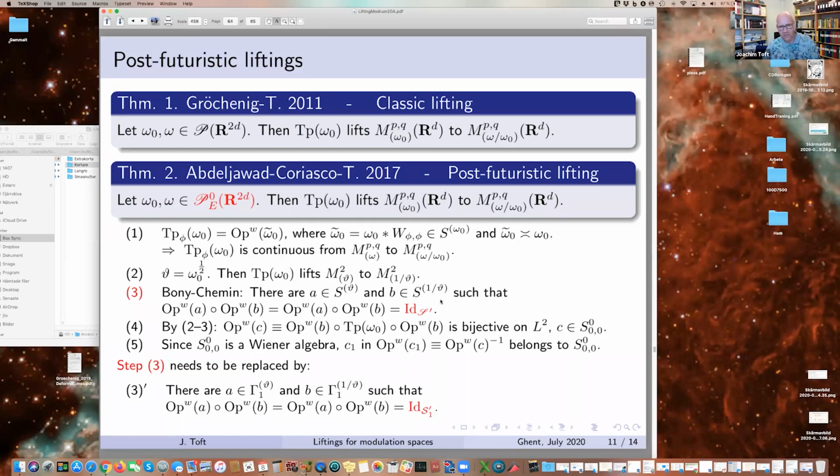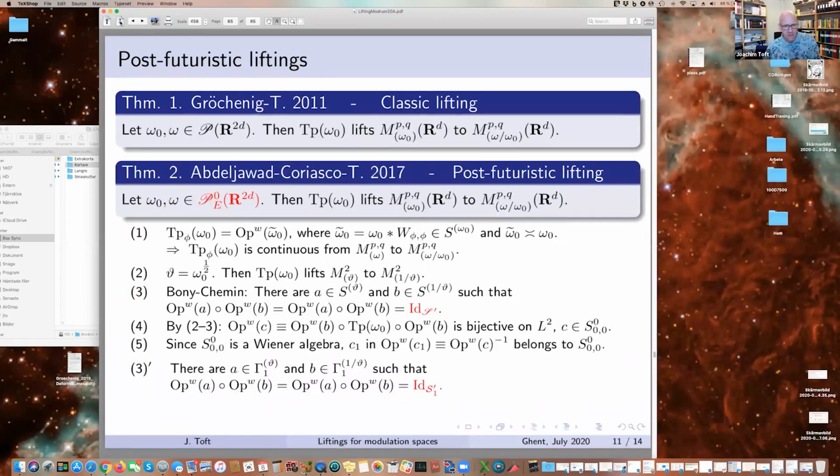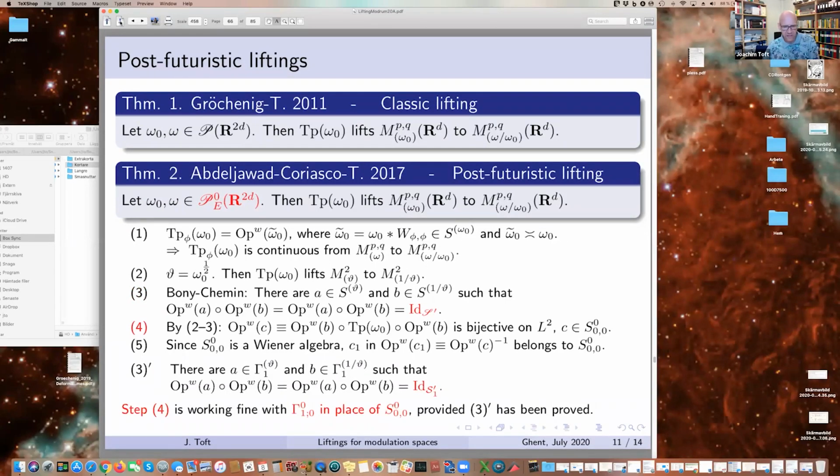Now it's not enough with S prime. These operators are not working well in S prime. They must be identity operators on the corresponding Gevrey distribution space. 4 works fine if we now replace this S0,0,0 with gamma 0,1,0.